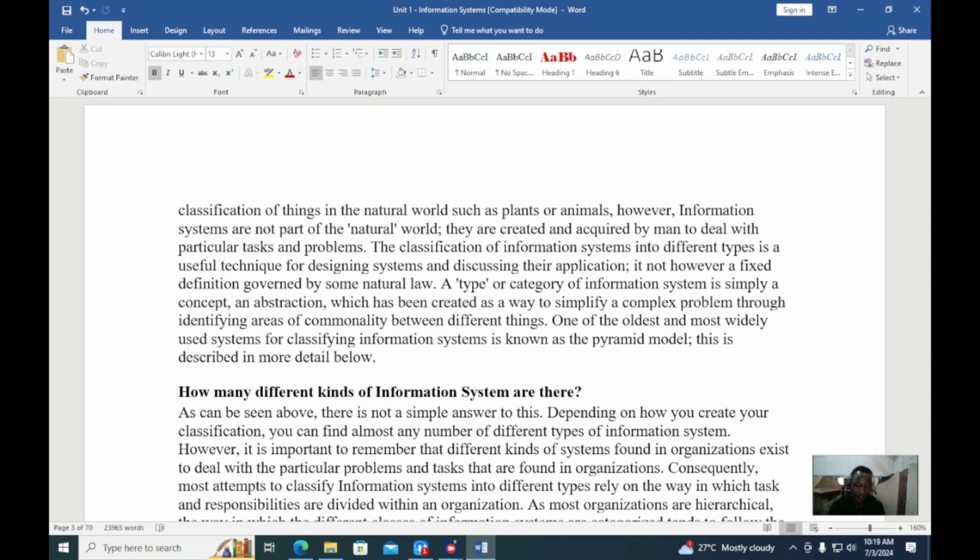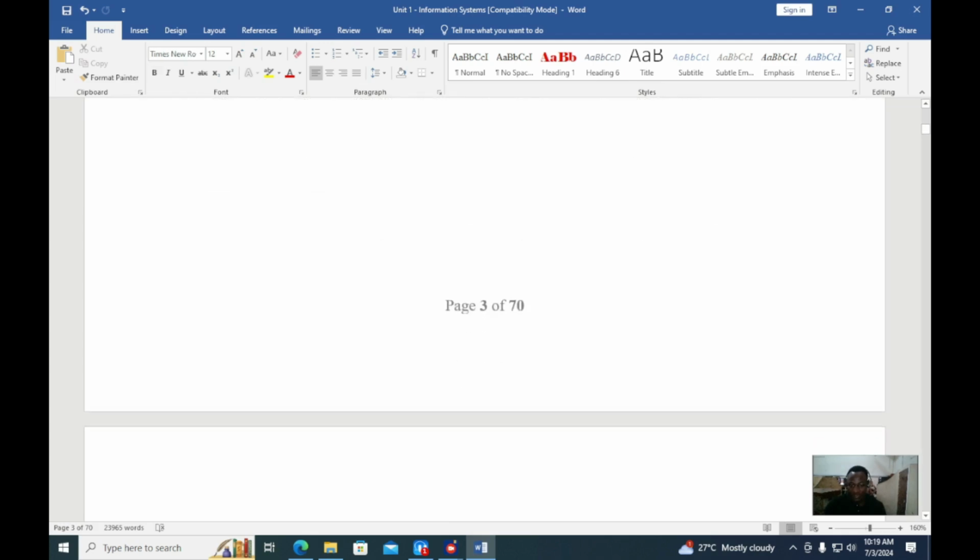So you look at the pyramid model, which is one of the oldest and most widely used methods for classifying systems. We're going to describe the pyramid model here. I'm just going to show you a pyramid down here.